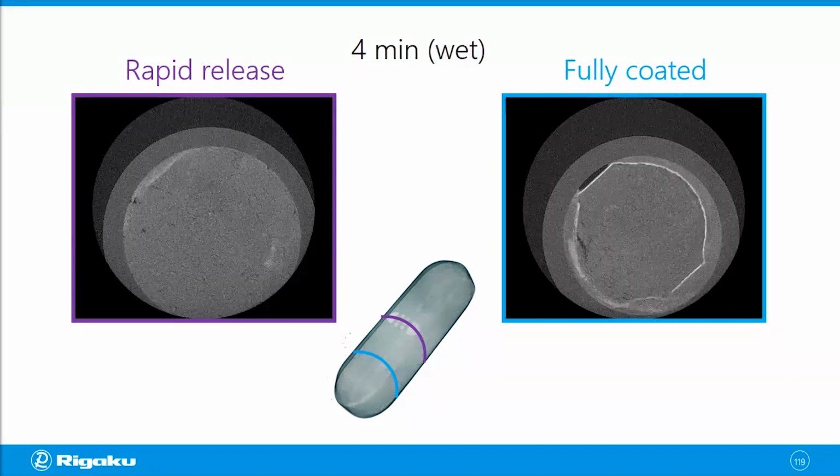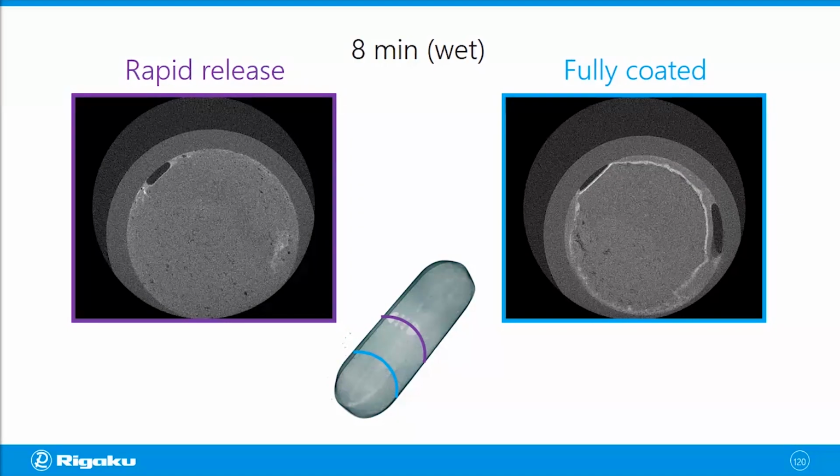So 4 minutes later, this is what they look like. The rapid release part released the drug rapidly as it's supposed to, so you don't see any coating anymore. But for the fully coated part, you still see the coating almost intact. So this is 4 minutes. So we're gonna keep watching.